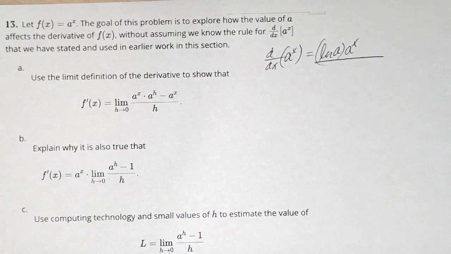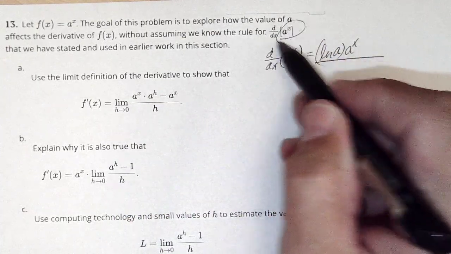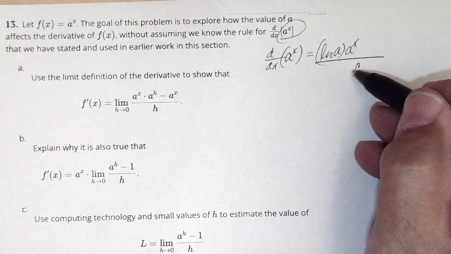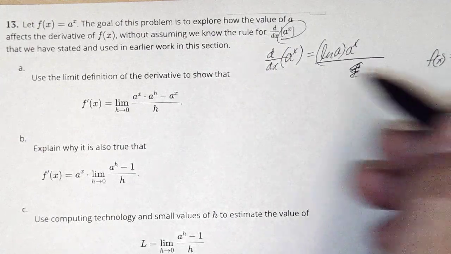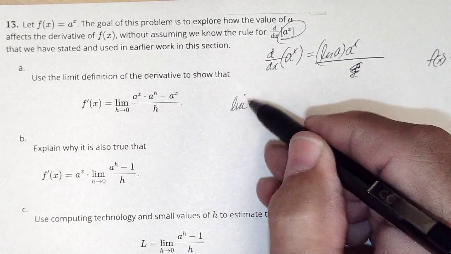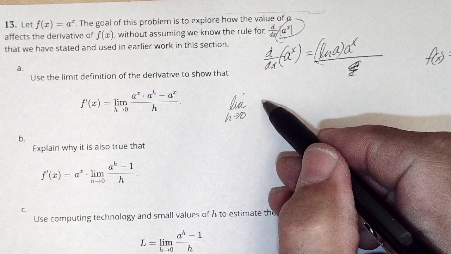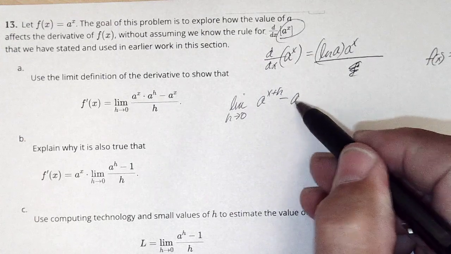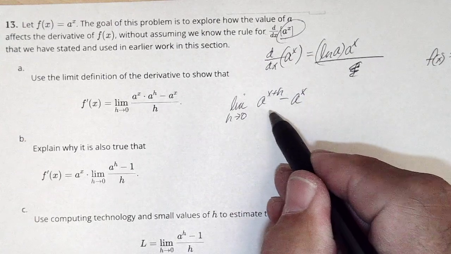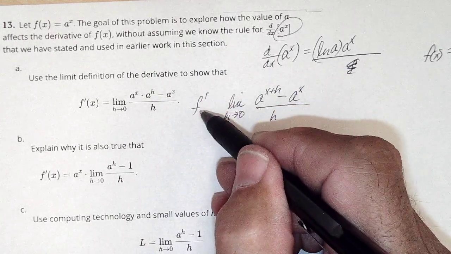So the limit definition says, if f of x equals a to the x, the limit definition says a to the x plus h minus a to the x over h. That's f prime of x.